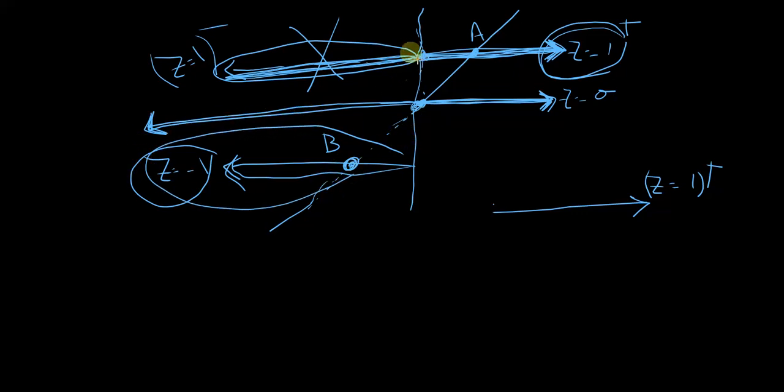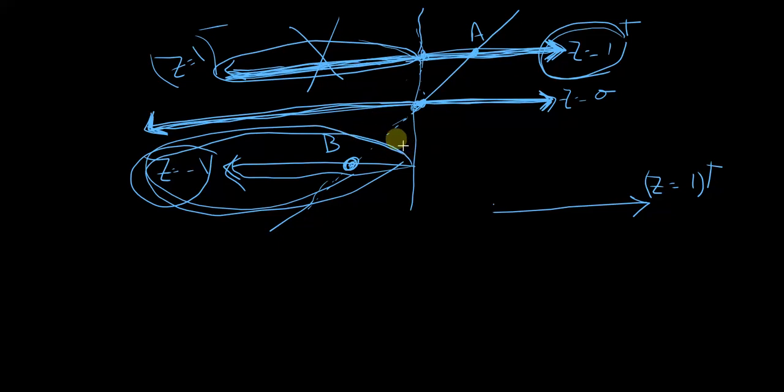So if I extend z equal 1 in this way, then the negative portion of z equal 1 corresponds with this section, which is not satisfactory, because this portion of z equal 0 now corresponds to two totally different entities: the negative portion of z equal 1, and this portion of z equal minus 1. These are two very different things, and I don't want to mix them up together at this point.